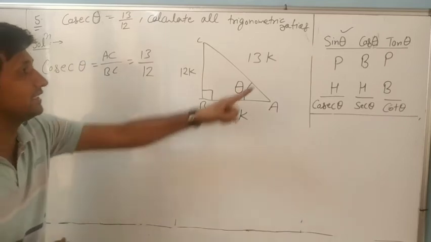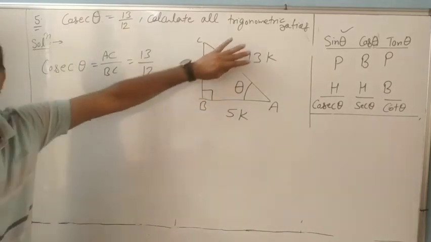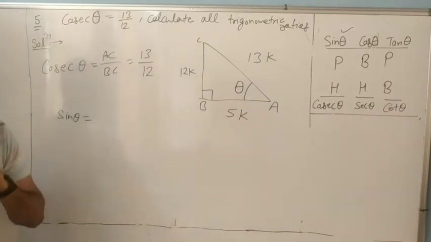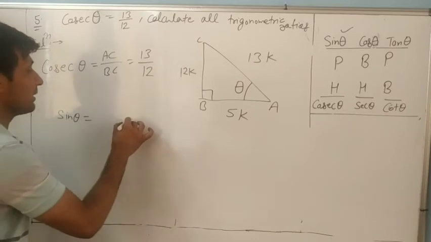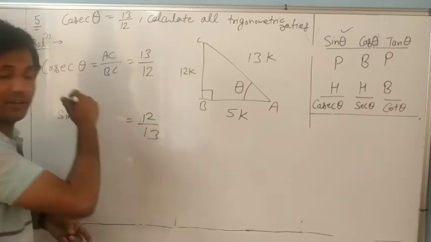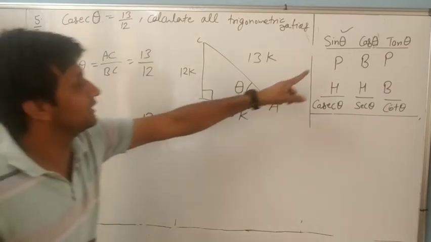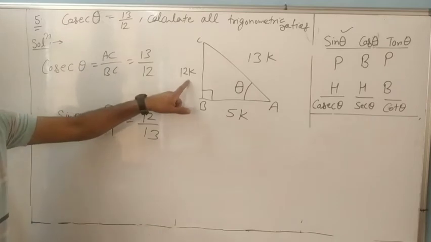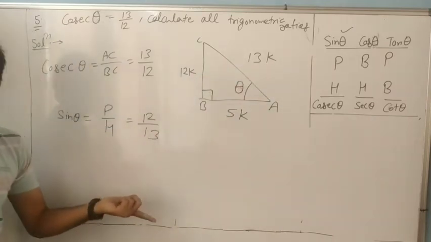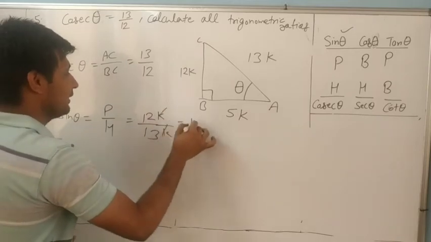Same as it is, again sin theta. No need to check it here because sine is always the opposite of cosec. It is 13 by 12, so it is definitely 12 by 13. Otherwise sine is perpendicular by hypotenuse, perpendicular 12, hypotenuse 13. 12k divided by 13k, k cancels k, 12 by 13.